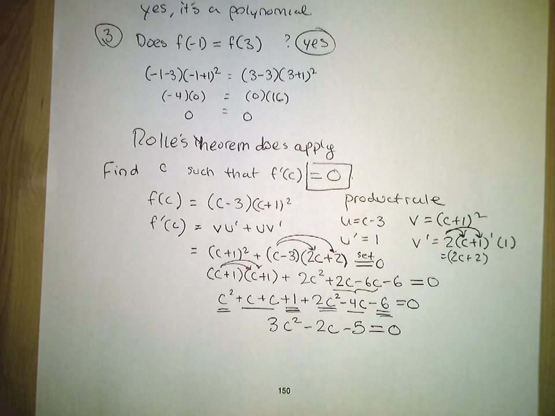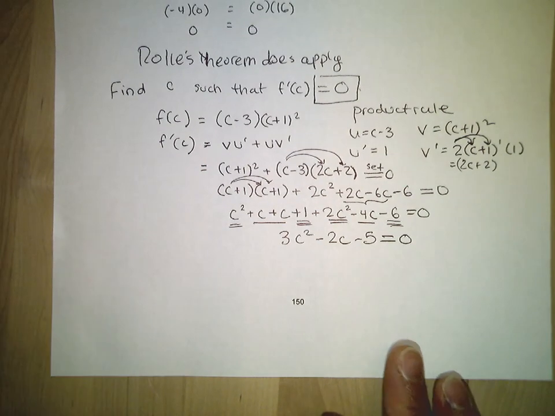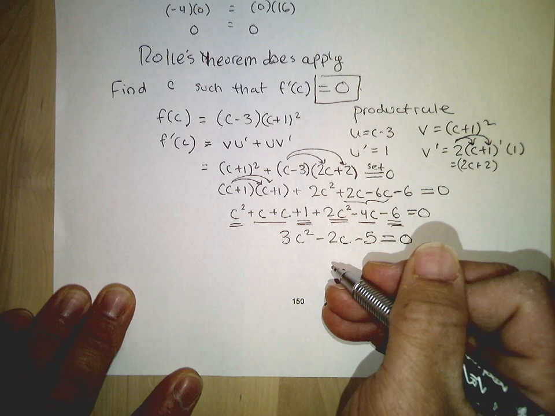And now I can factor or use the quadratic formula or whatever way you feel comfortable solving this quadratic equation. You do what's best for you in this situation. So you do you, okay?